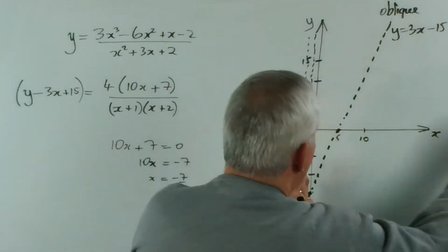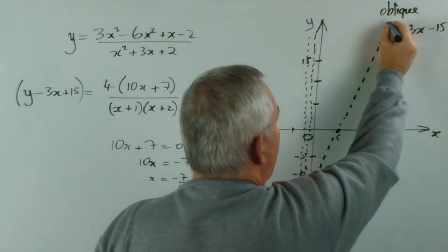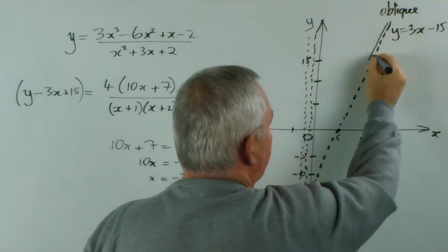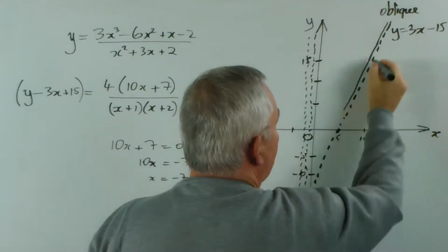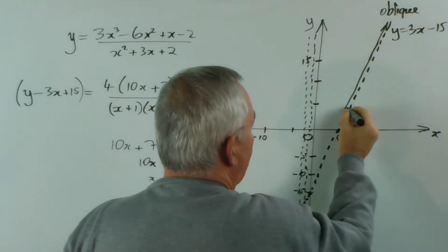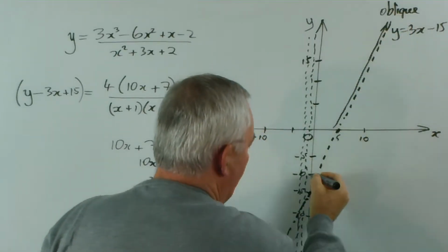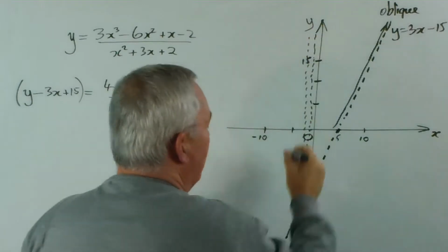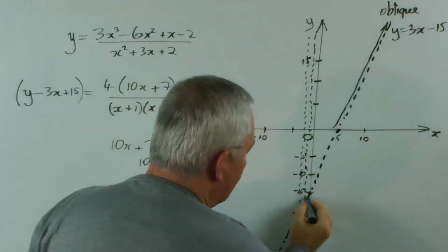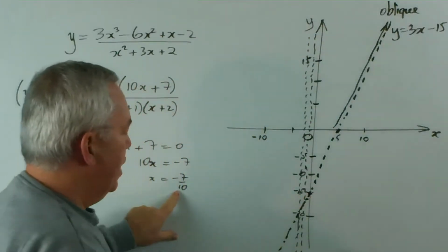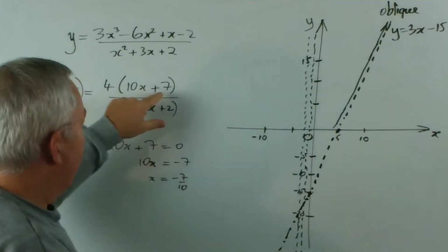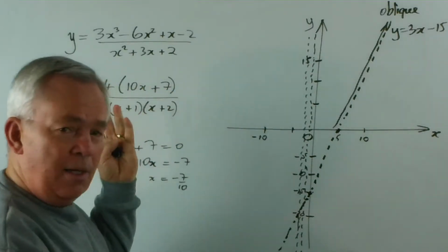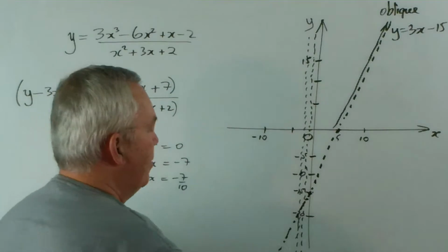To this side of it, the curve behaves exactly as we expect. We expect it to come in and go up the axis, but the problem is when it reaches minus 7 on 10, that coefficient becomes negative and it flips the graph upside down.